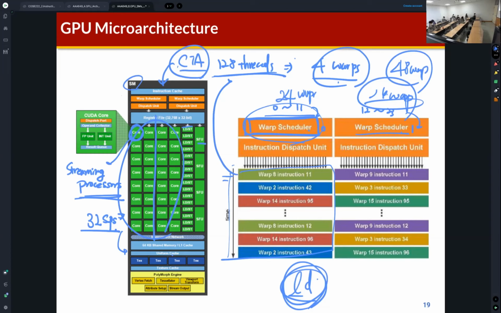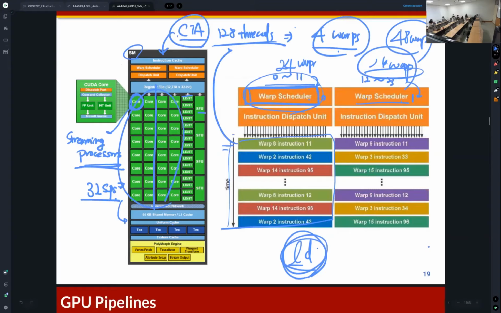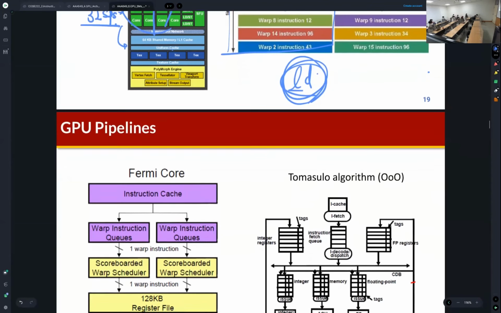We can also apply different types of warp scheduling. So I also explained about the warps and the warp schedulers.